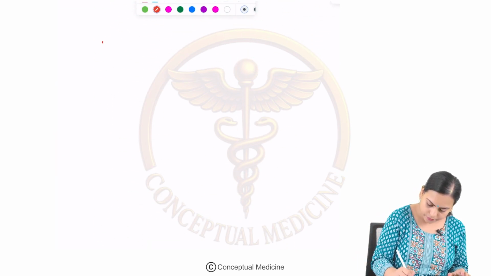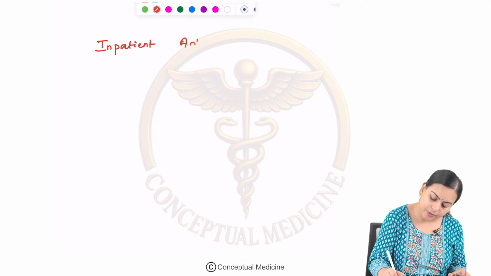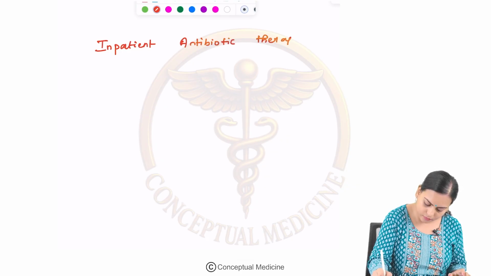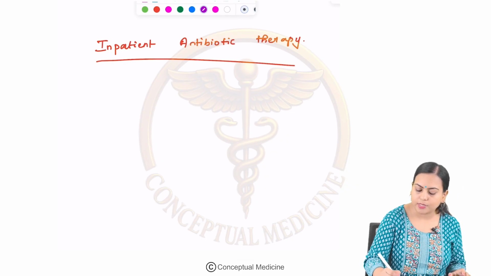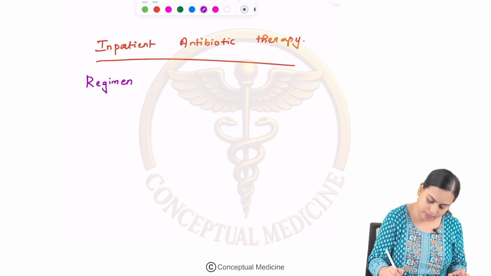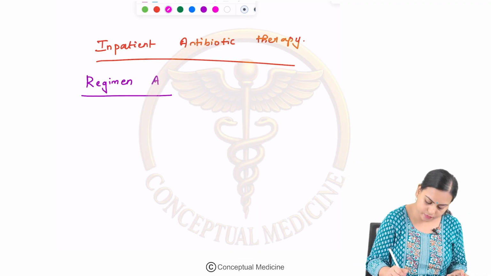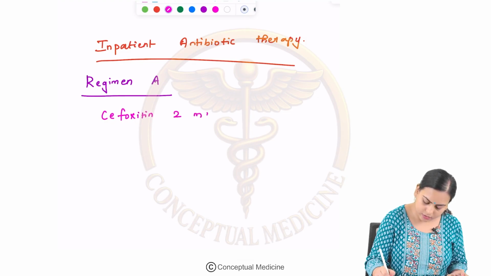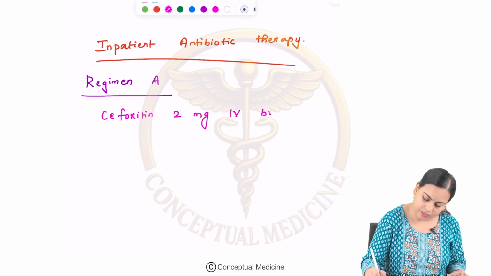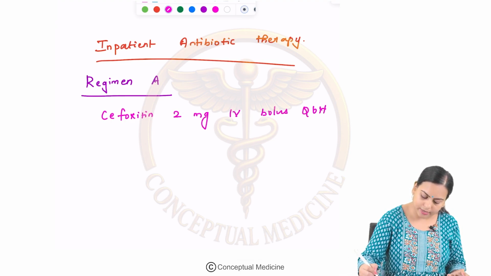If you go for inpatient antibiotic therapy, there are 2 regimens. First one is regimen A, where you can give cefoxitin 2 g IV bolus every 6th hourly.